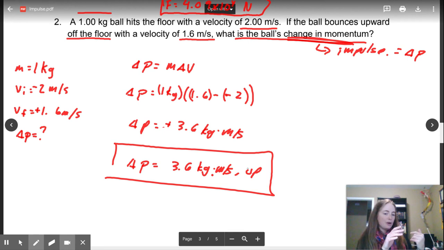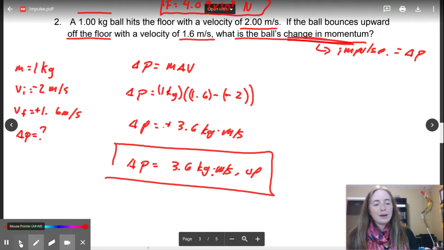So you need to pay attention to what your signs mean when it comes to direction, because it's going to be hugely important. Okay, guys? All right, let's scroll on down.